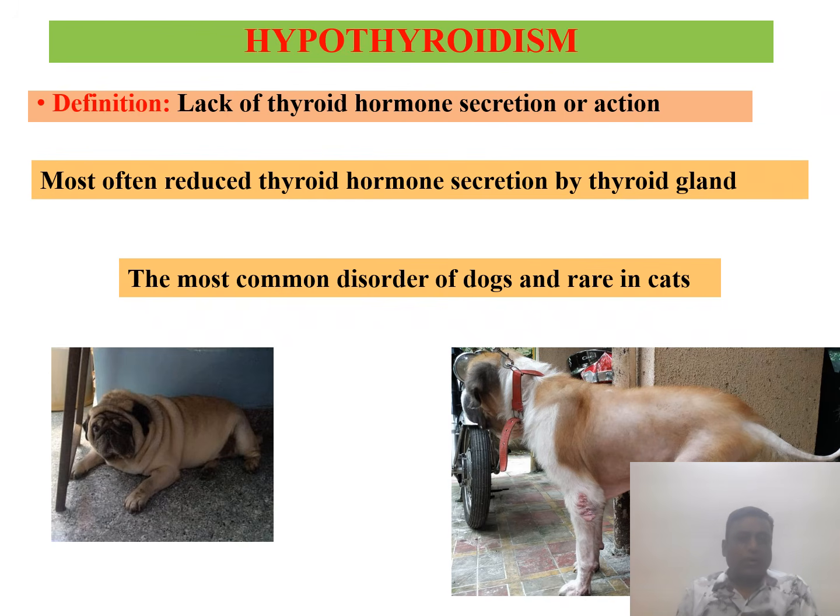Before reading the report, we will go through hypothyroidism. The definition of hypothyroidism is a lack of thyroid hormone secretion or action. Both things could be there. Thyroid hormone secretion or its action is going to be compromised, and because of that, hypothyroidism develops in the patient.